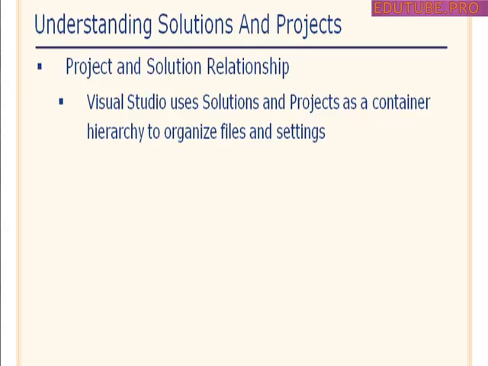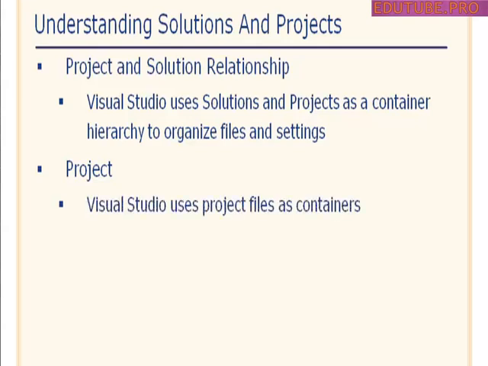And this container hierarchy is built to allow you to organize your files and settings in a meaningful relationship that you can use to administer them and work with them, but it also provides some functionality to the compilation process and the way your project's actually built and put together.